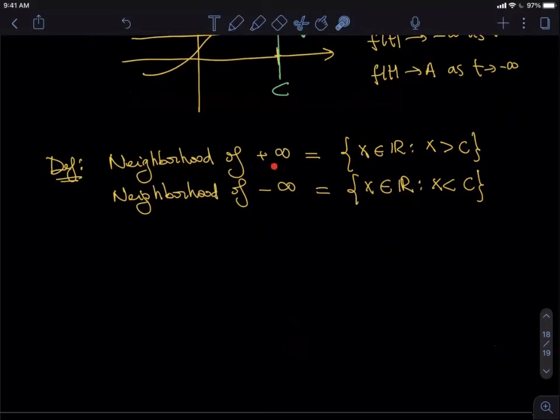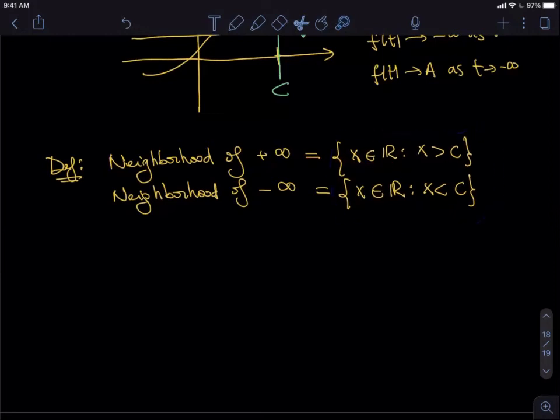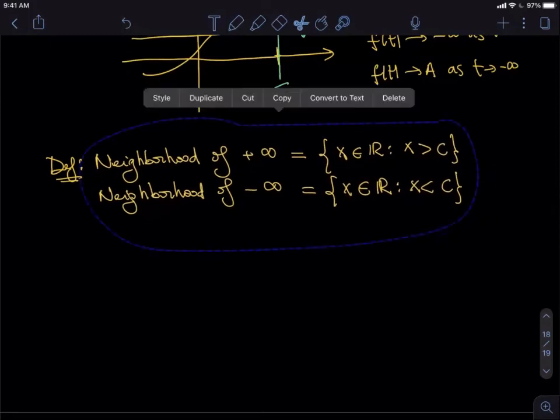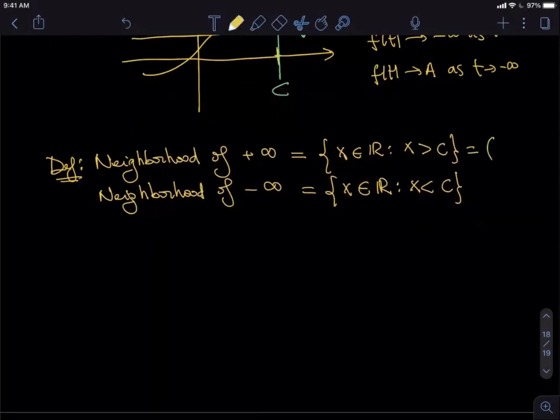A neighborhood of infinity is all the points x in the reals that are bigger than a given constant, and a neighborhood of negative infinity is the points that are smaller than such a constant. We can write it as an open set (c, infinity) or (negative infinity, c). These are half lines, half of the real line.